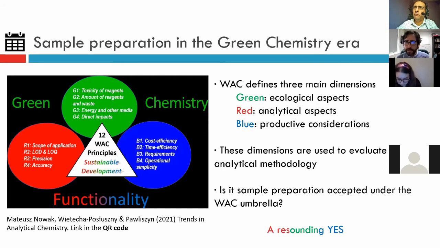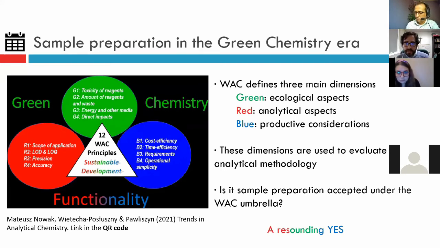The second dimension is the red dimension, which is related to the analytical aspects, for example, the scope of application, the sensitivity of our techniques, the precision, the accuracy. So they are very important or relevant analytical features.